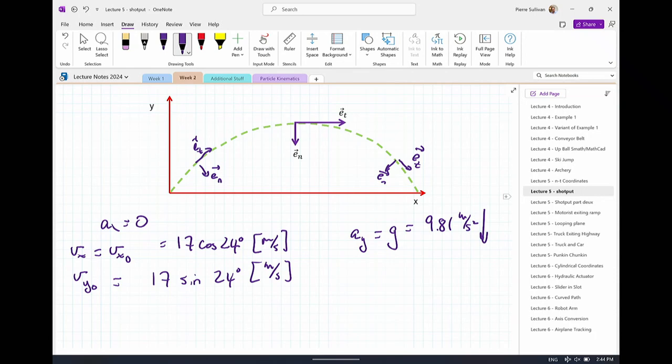So ay is minus 9.81 meters per second squared.